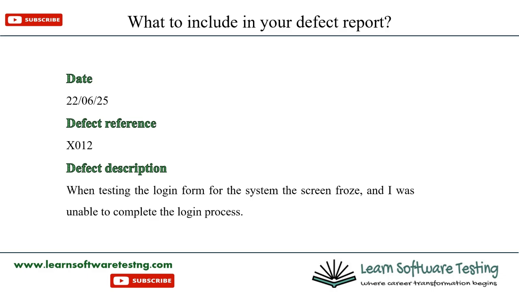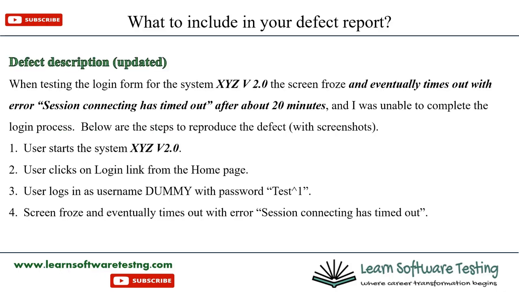So I'll now show you an updated version of that defect description, which has more of the information required to enable a quick turnaround and reproduction of such a defect. The same defect description has been updated in this instance.